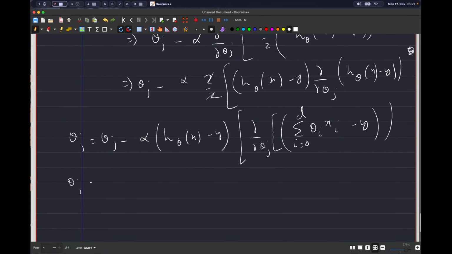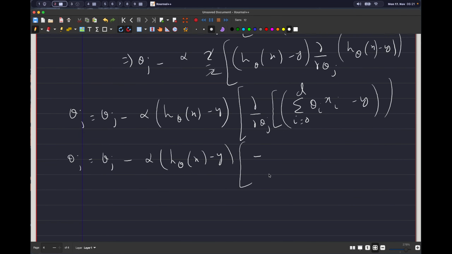So this will be theta j minus alpha times h theta x minus y, and the term here, what will it be? It will be minus, sorry, not minus, it will be x of j.